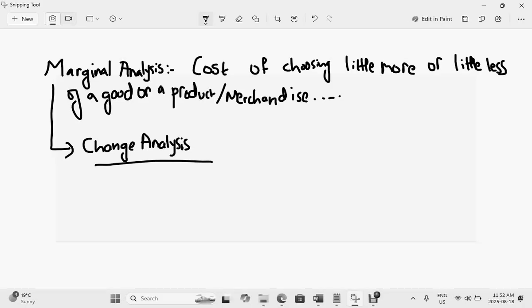All right, and apart from your change analysis, you also have utility. Now, utility is not your electric utility in terms of economics. Utility has to do with satisfaction. So if you consume a good or a merchandise, that consumption may be based on satisfaction, based on utility.